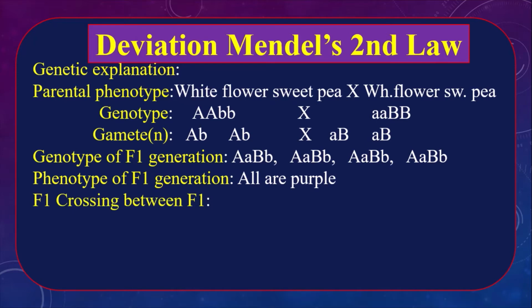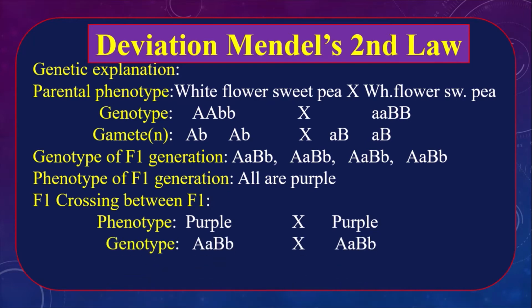F1 crossing between F1 generation. Phenotype of F1: purple male and purple female, crossing a purple flowered plant with a purple flowered plant, where one is male and the other is female. Genotype capital A small a, capital B small b, crossed with capital A small a, capital B small b.